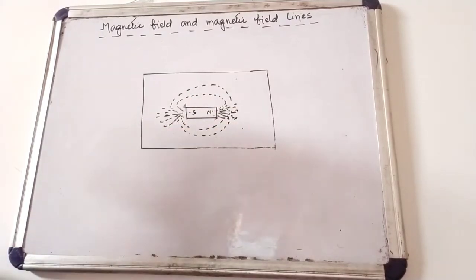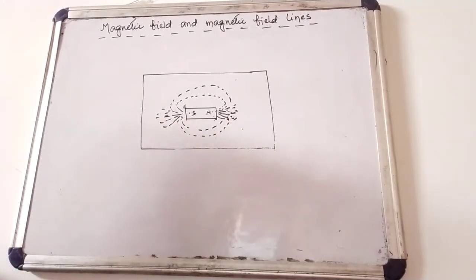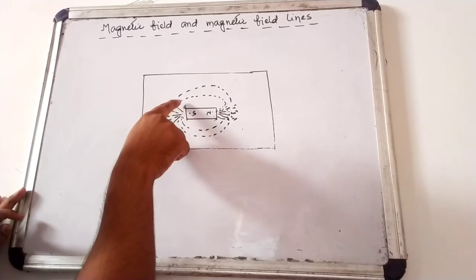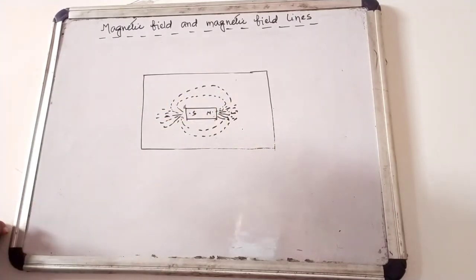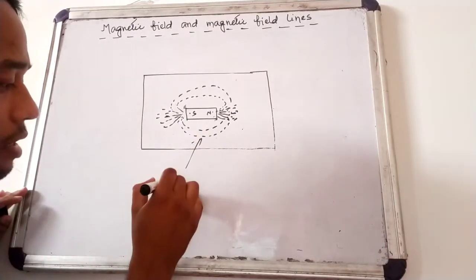In other regions, iron filings will be there, but not as many as near the pole. And here, see, these iron filings arrange themselves in a special manner, in special lines. So these lines are called magnetic field lines.